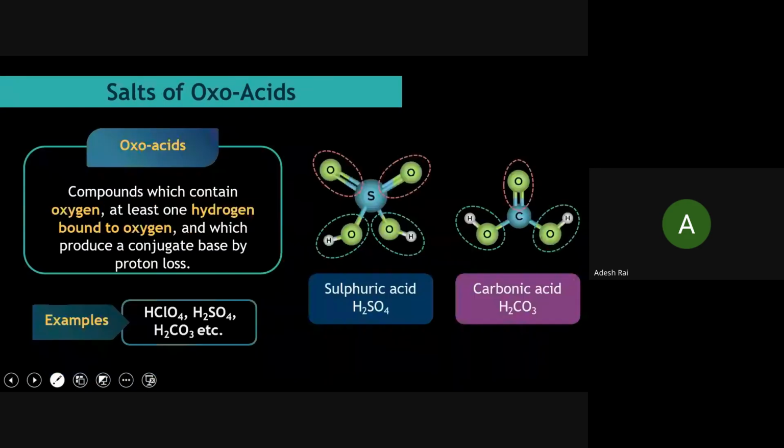Okay. So it's not too much into that. If they donate H plus, what is formed? So along with H plus, you will get a conjugate base. Example, if H2SO4 is there, it will donate H plus.